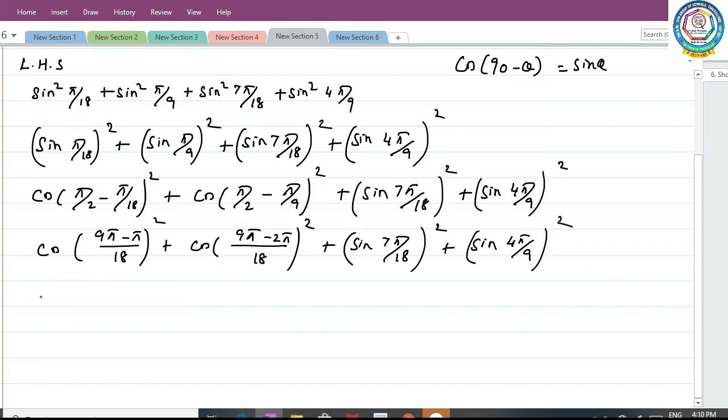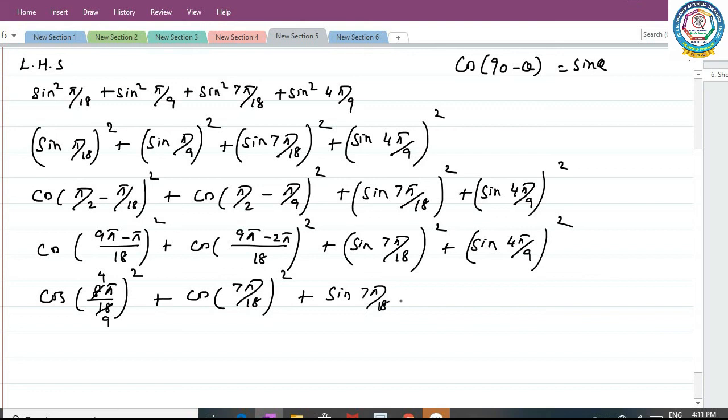Now simplifying, cos 8 pi by 18 the whole square, I can cancel by 2, that gives 4 pi by 9, plus cos 7 pi by 18 the whole square, which I can't simplify, plus sin 7 pi by 18 the whole square plus sin 4 pi by 9 the whole square.